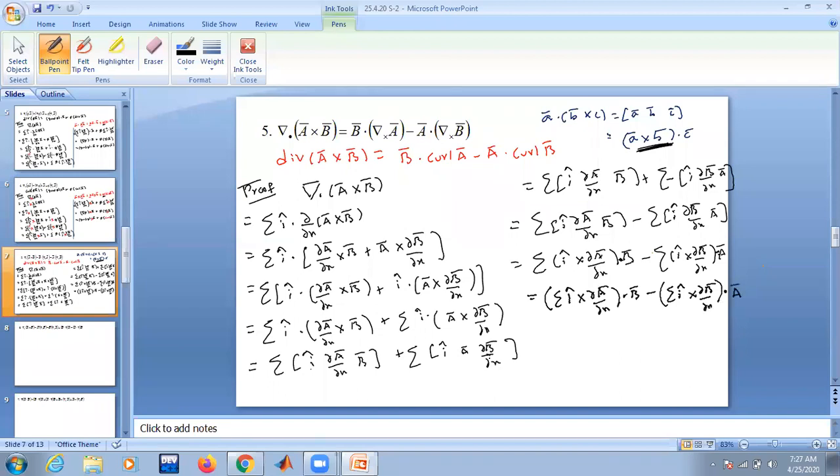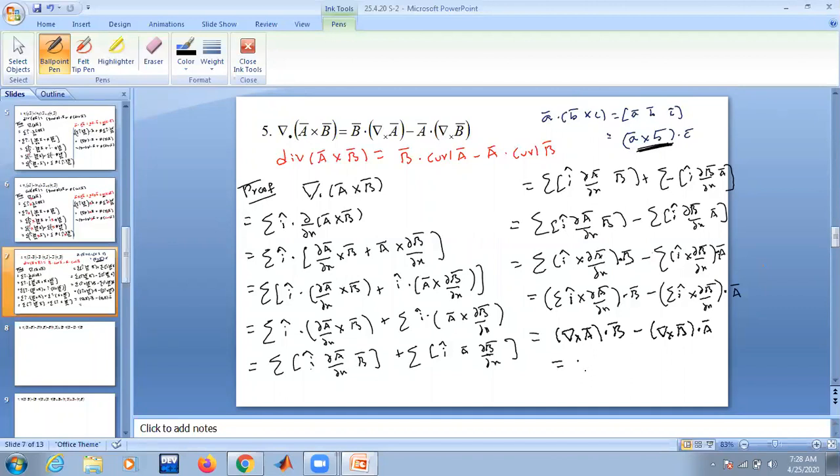So this is nothing but curl a dot product with b, minus this is nothing but curl b dot product with a, and we know dot product is commutative.